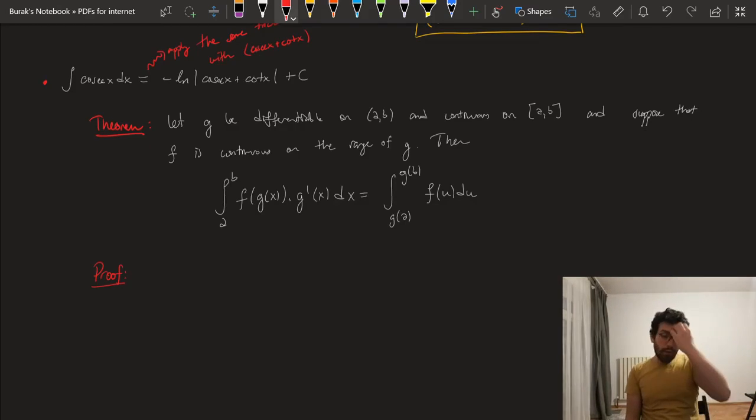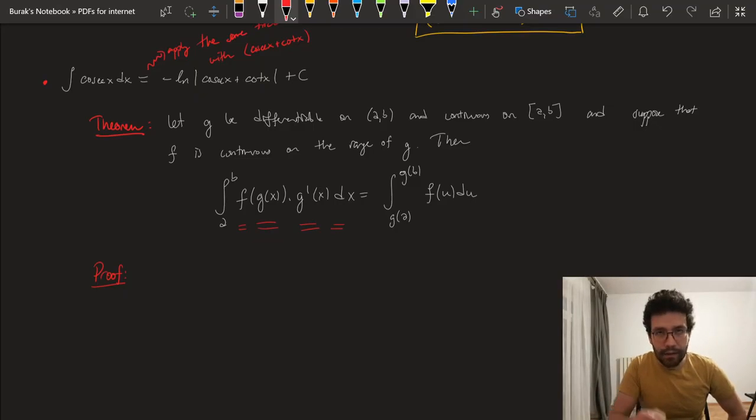Okay, now what this says is this: pretend that I have a definite integral now, not an indefinite integral, and I observe that the integrand in my definite integral looks like some function of g of x times g prime of x dx.